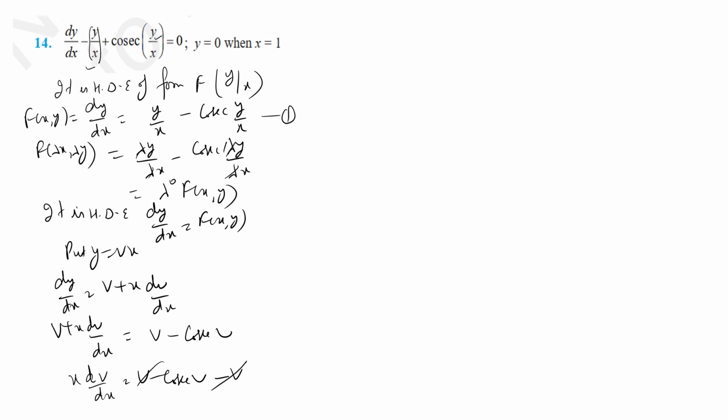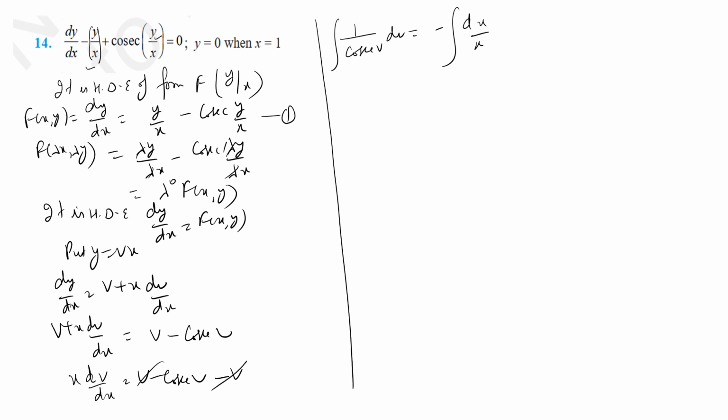So again the same thing we are going to do. Let's take this cosecant to the numerator. It becomes 1 upon cosecant v dv is equal to minus dx upon x. So variables are separated. So this can be written as sin v dv is equal to minus dx upon x. So let us integrate.